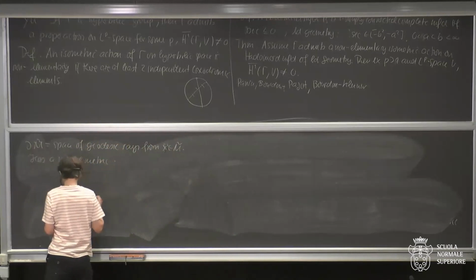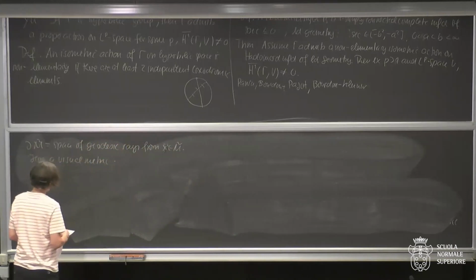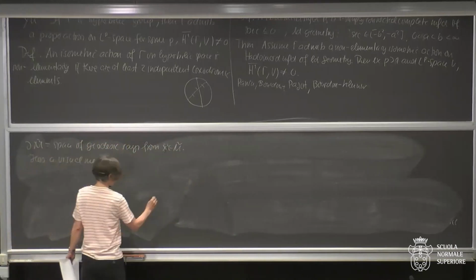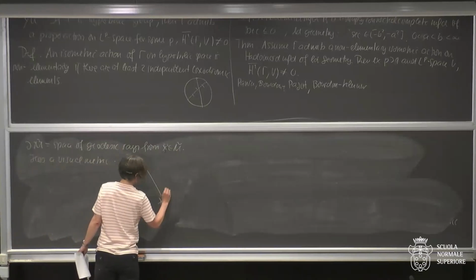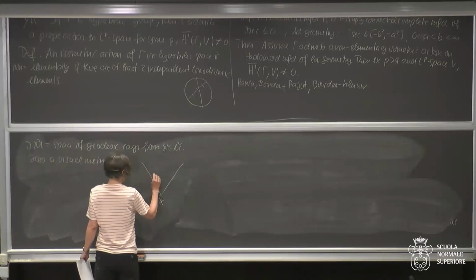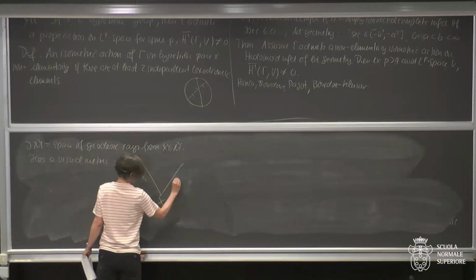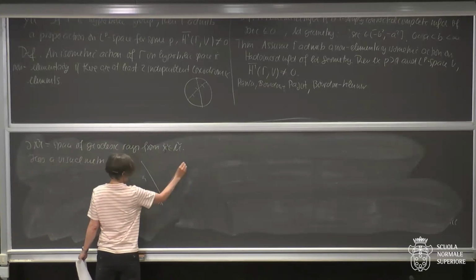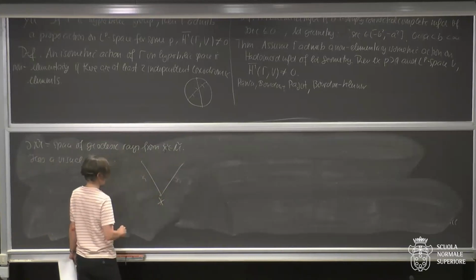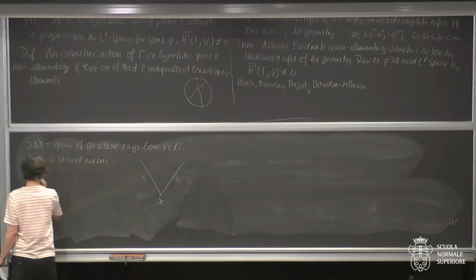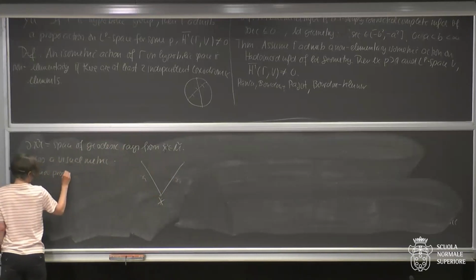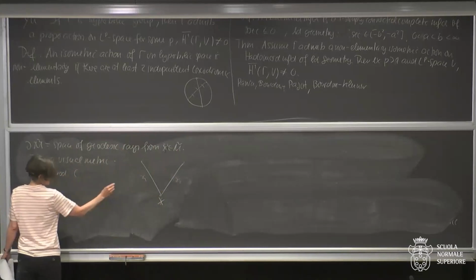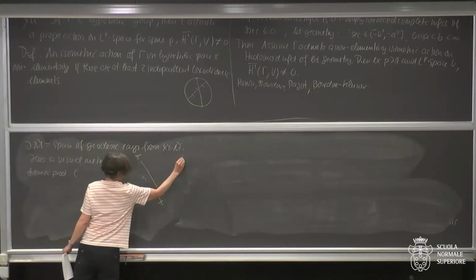How does this go? So we define the visual metric as follows. You take your point x, then you take two rays coming out of x. So this is gamma 1, and here's gamma 2, and these define points at infinity in the boundary. And now you define the Gromov product. Let me call these points psi and eta.